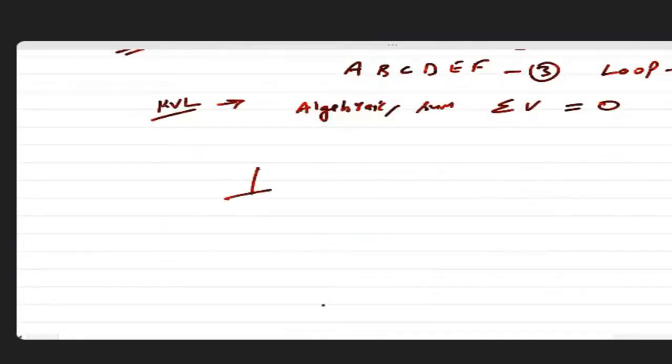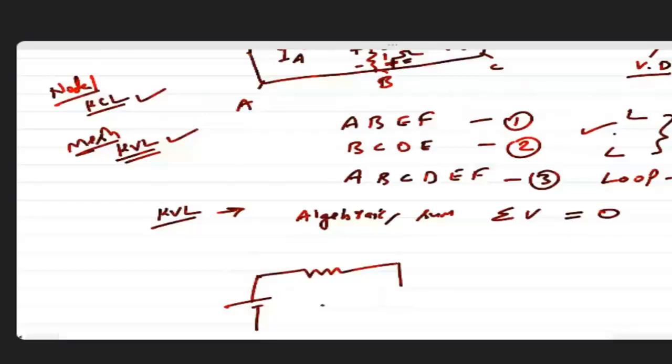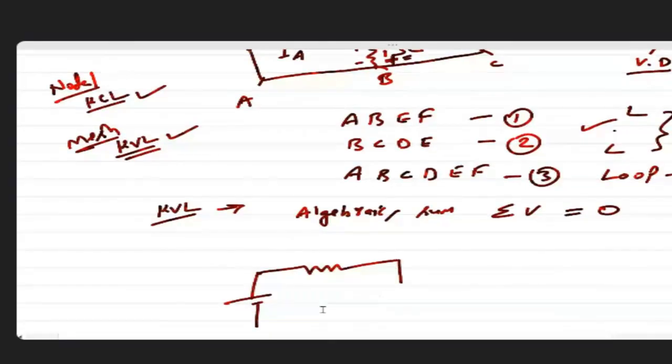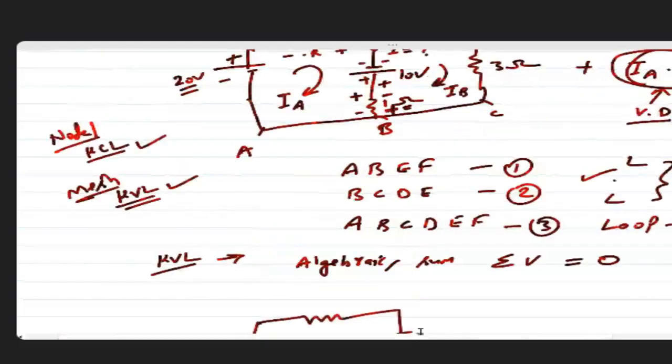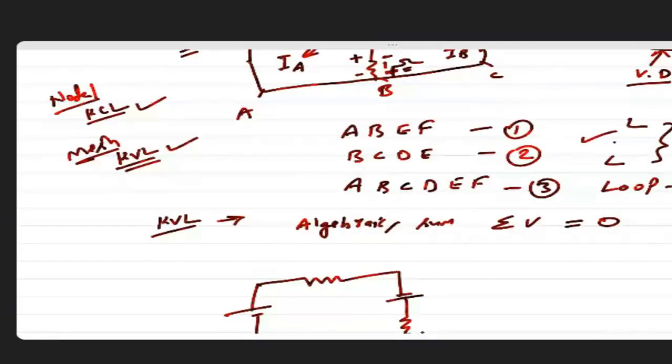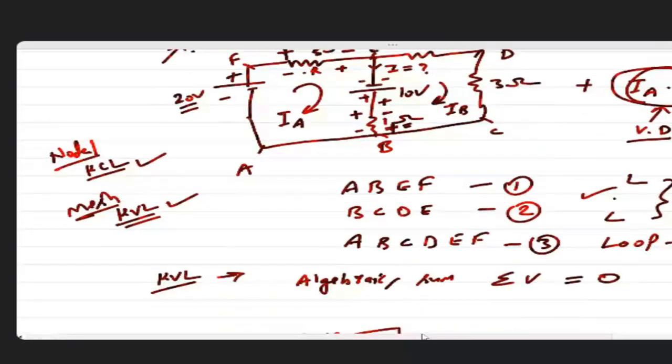So this is your battery. I am drawing mesh 1 only. This is your 1 ohm resistance, and here you have 1 battery also. Okay, so what we have observed so far: that is 20 volt, 10 volt, this is plus, minus, 20 volt, minus, plus, 10 volt, and the values 5 ohm and 1 ohm, no issue.